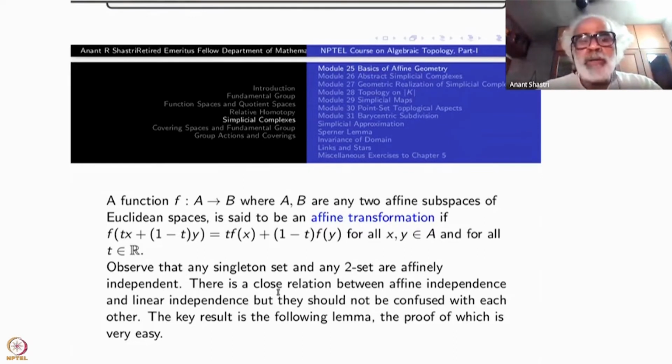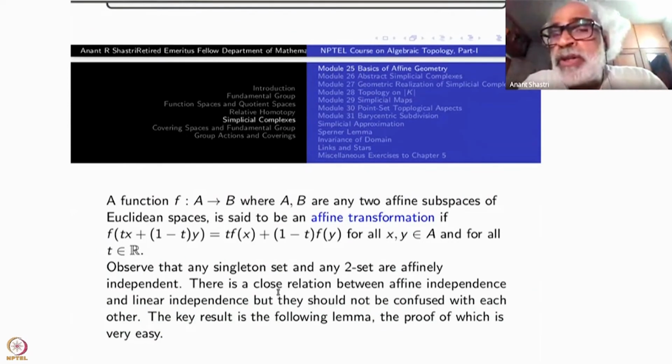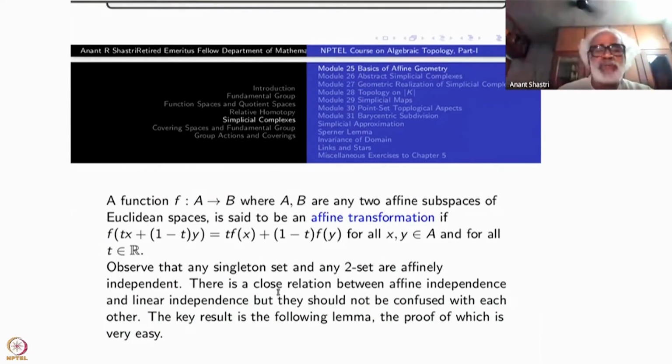Every point, every singleton set, is independent. So this is the beauty of affine algebra. It has a richer structure than a vector space. Any 2-point set of distinct points is independent. In the case of linear independence, a set containing 0 is not independent. As soon as 0 is there, it's not independent. Okay, so that is the difference.